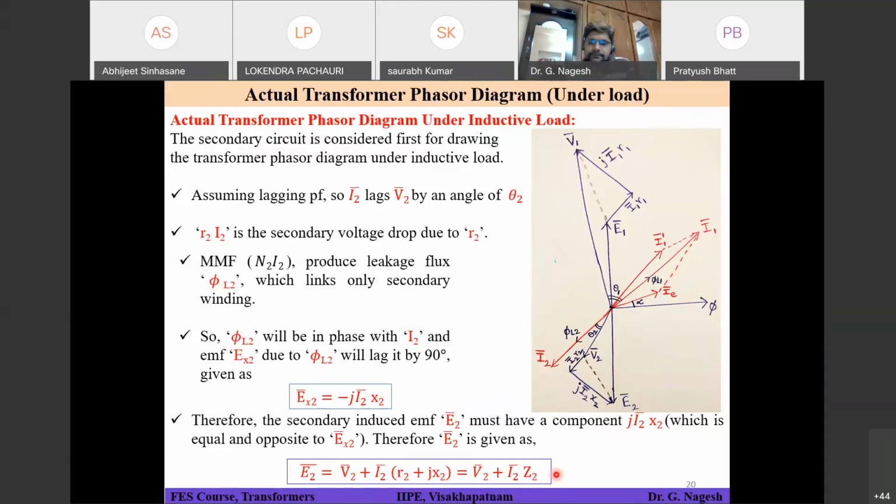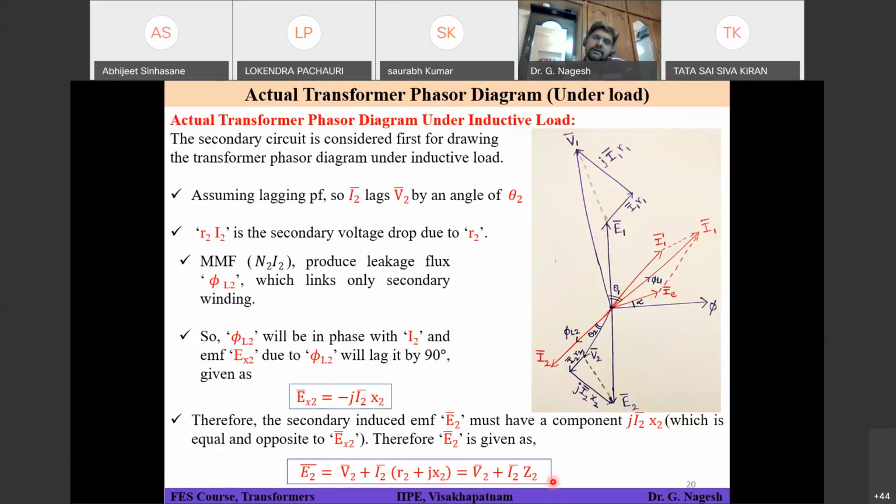Sir, in a similar way, can we say for E1 and V1, I1? That's what we told already here. At the last, we wrote one equation, sir: E2 equals V2 plus I2 bar times R2 plus jX2. In the same way, can we write for E1? Not E1.